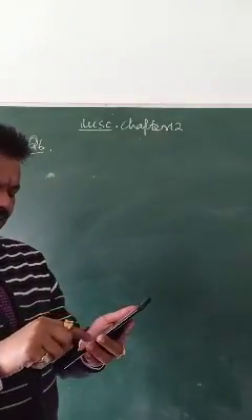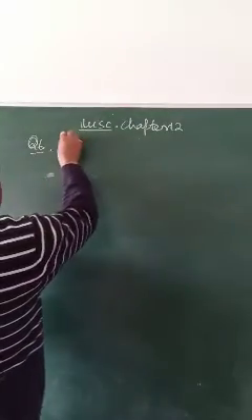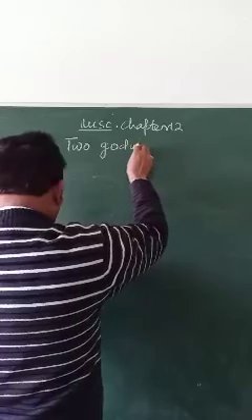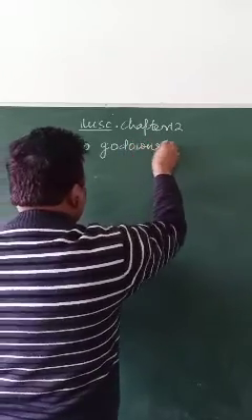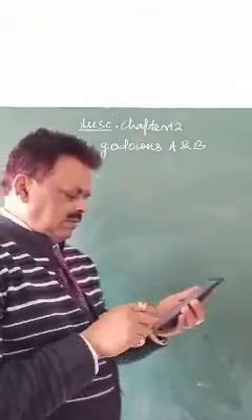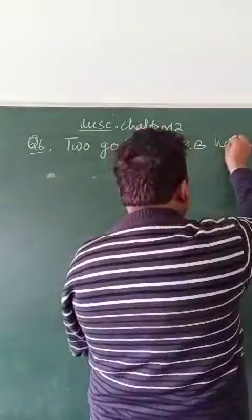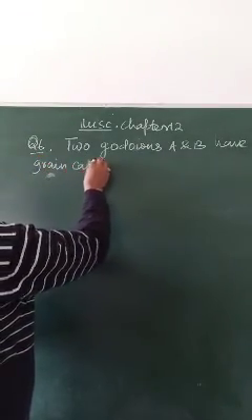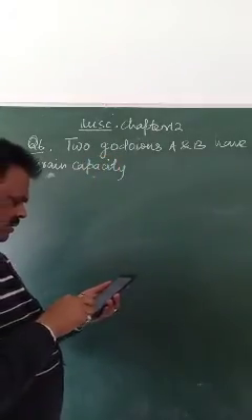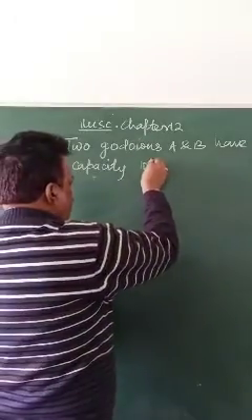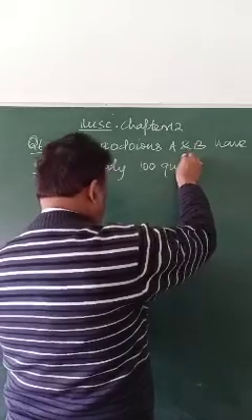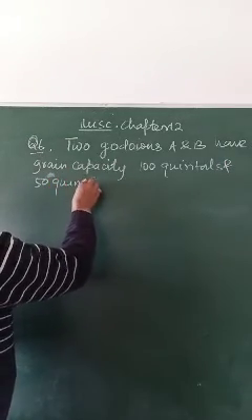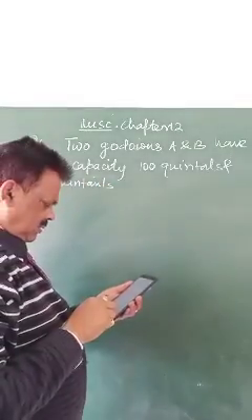Question number 6 is: Two godowns A and B have grain capacity of 100 quintals and 50 quintals respectively.